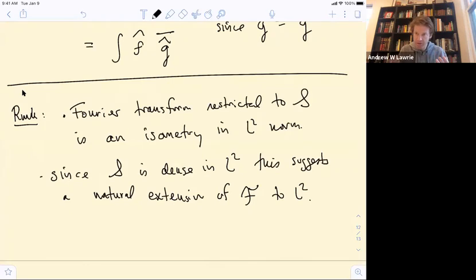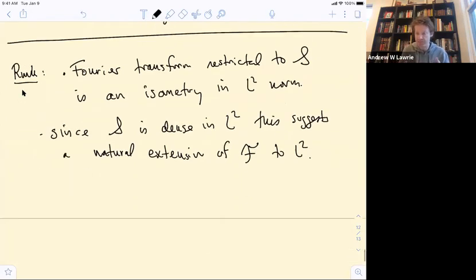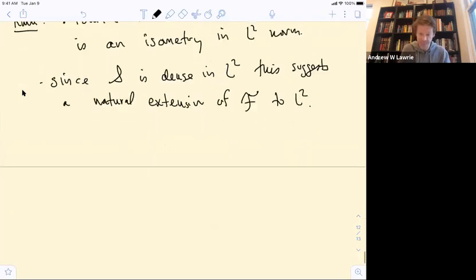But what we're going to do is say we can take the Fourier transform of a Schwartz function. Since this is a dense class in L2, and in fact this preserves norm, we'll define the Fourier transform of an L2 function as a limiting process of Schwartz functions by approximation.